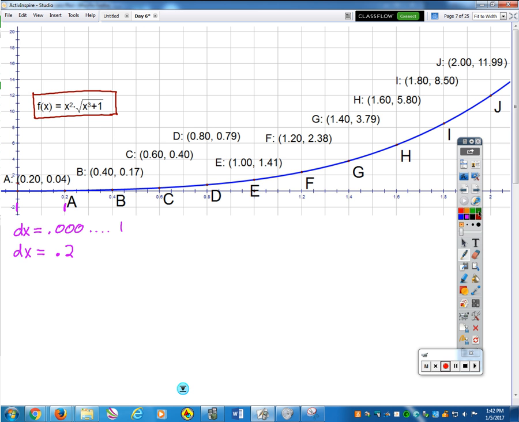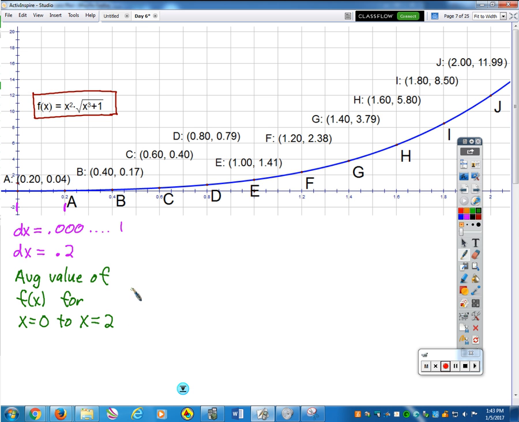So let's write down what we're doing here. We're trying to find the average value of f for all x values from x equals 0 to x equals 2.